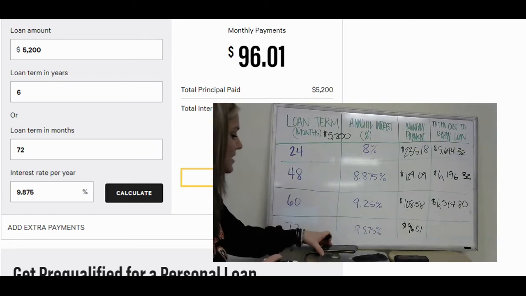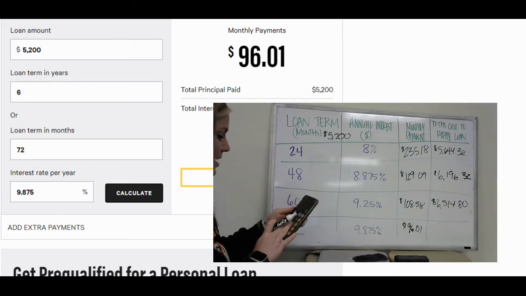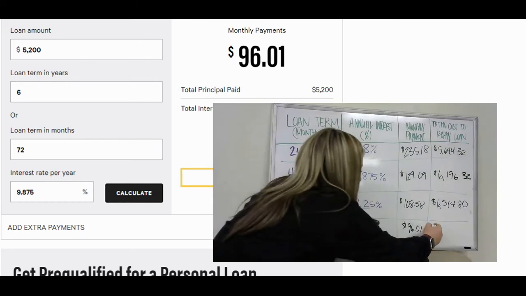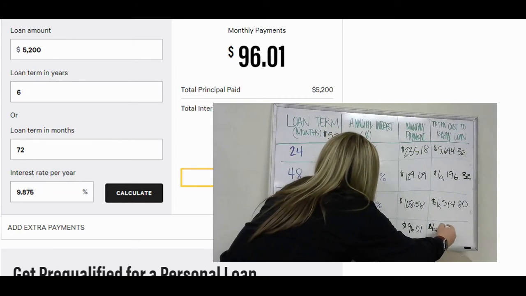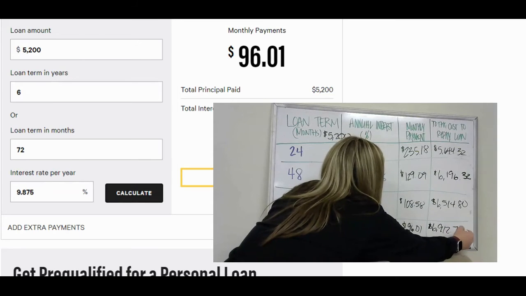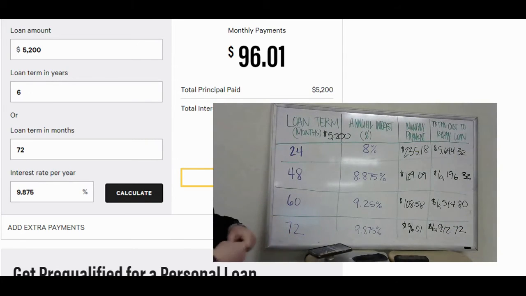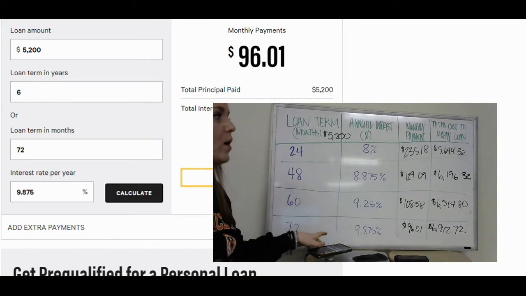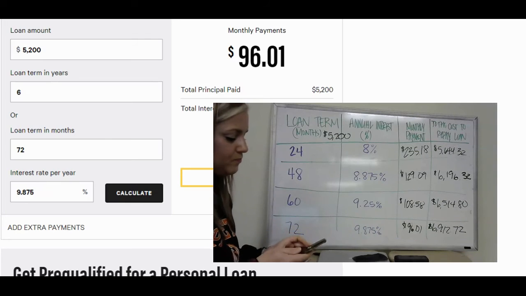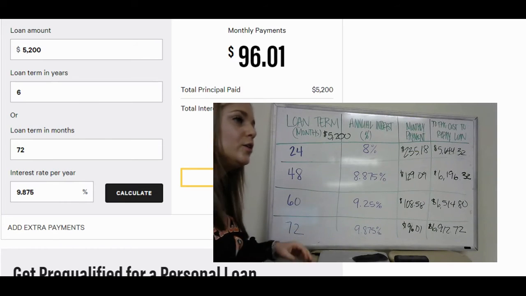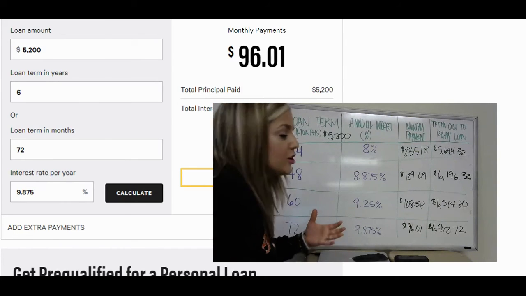Let's take the 96.01, and we're going to multiply it by 72. And we get, almost $7,000, $6,912.72.